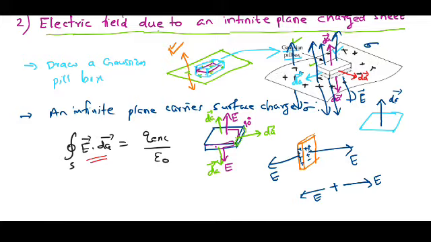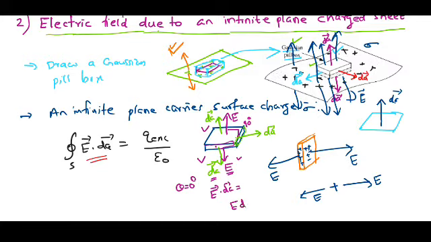Then from this one can easily say that the bottom and the top surfaces give rise to an electric flux, because the angle between the area vector and the electric field in the top and bottom surface is theta equal to 0 degrees, because area vector and electric field both lie in the same direction.